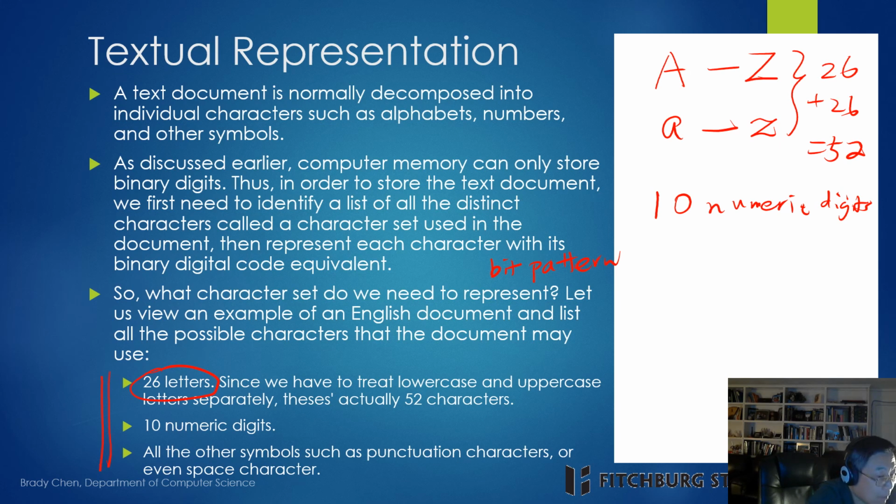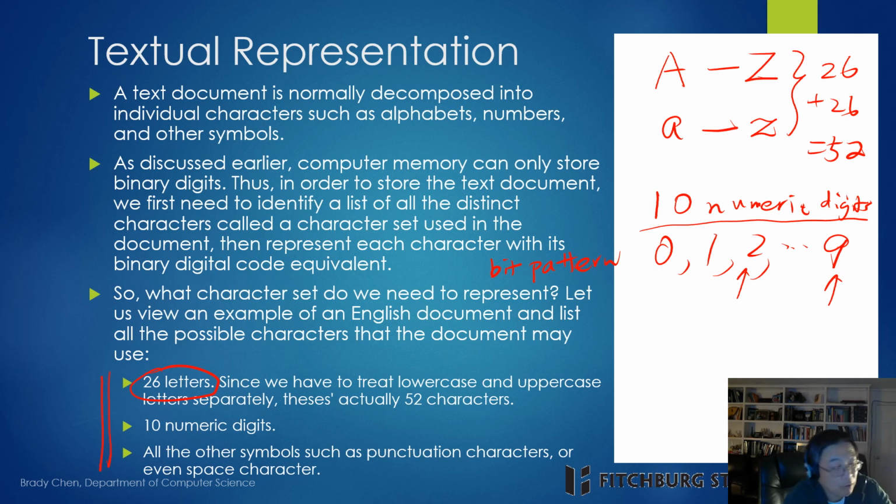The 10 numeric digits are digits defined in decimal, 0, 1, 2, all the way to 9. Symbols like 2 or 9 can't be represented in the computer system directly, because the computer only uses 0 and 1. So we need to define each of the digits with a binary digital code.